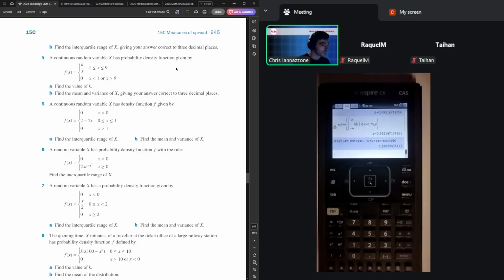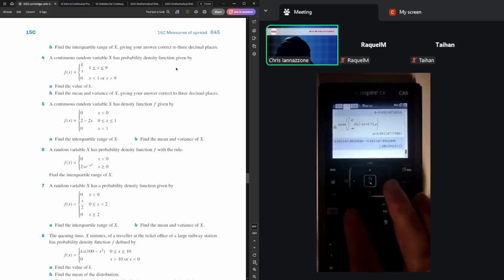When you're trying to solve for that coefficient, when it comes to continuous probability, it's pretty much always going to be the case that you just make the area under the integral equal to 1 over the full domain, and then solve for k. That's because the area under a full curve for a continuous distribution needs to equal 1, because it's representing all possible outcomes for the given scenario.